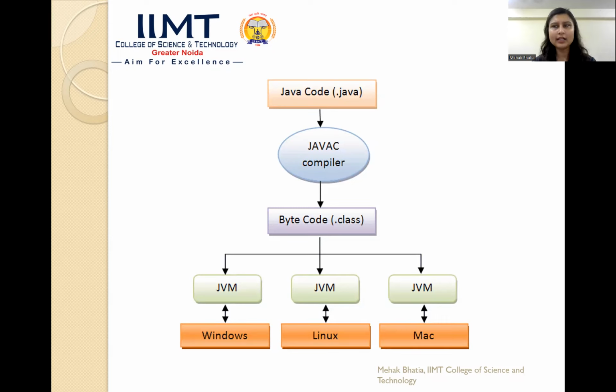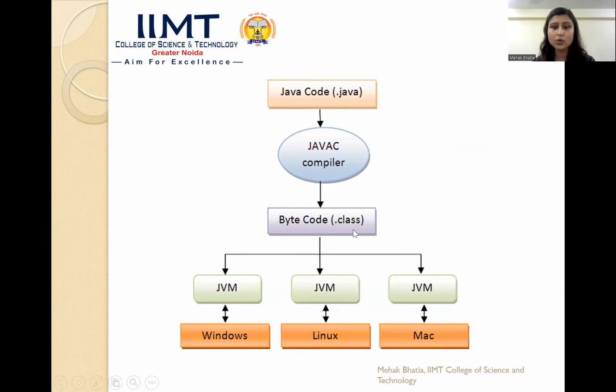Whenever we write a Java program, we save the program with .java extension. When we compile that code, the Java compiler converts it into bytecode, which is saved with .class extension.